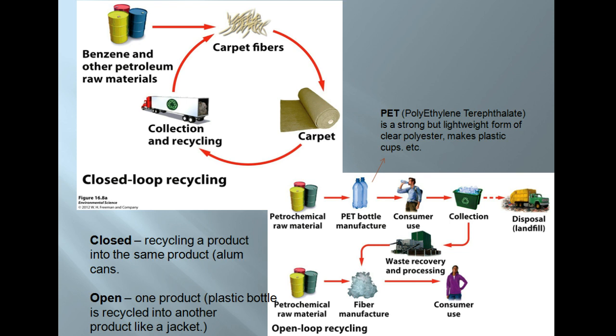Once they're discarded, instead of going to the landfill, they go to the recycling center or a waste recovery plant, and they break up the plastic bottles like you saw in the movie Trash Inc. Not all of the time, but in this example, they're broken up into that flake. Then they can be made into fibers, and then into a jacket, a t-shirt, or another carpet. So it's the same materials, but making a new product.